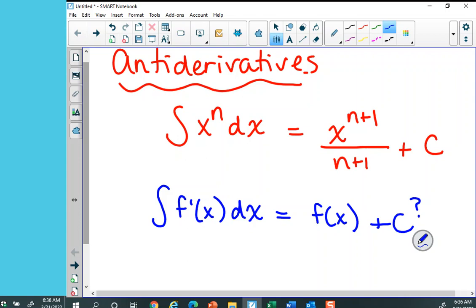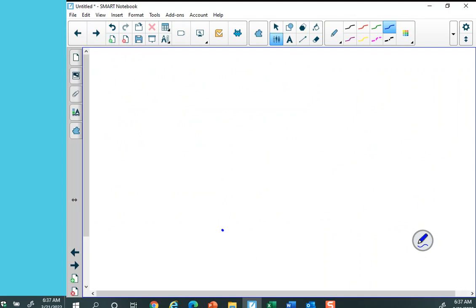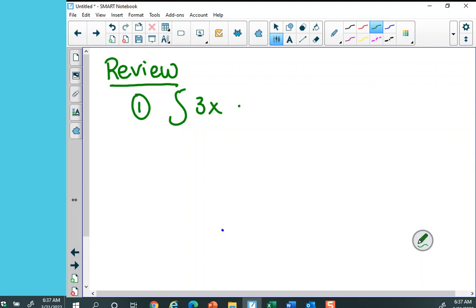That's going to be the focus of today's lesson, but before we do that, let's do 3 review problems with finding an antiderivative. So I'm going to give you these 3, and you should try them yourself. That would be a good place to pause the video.